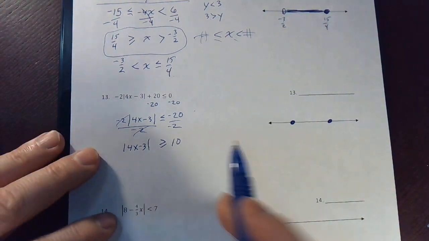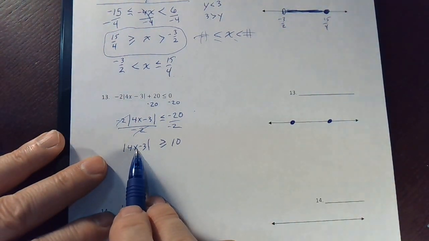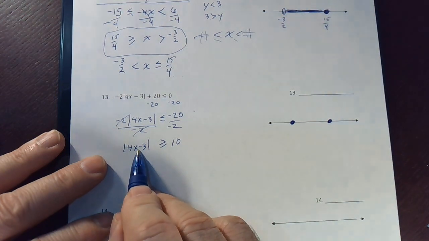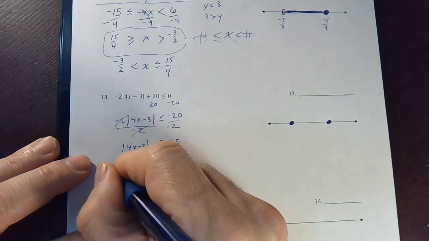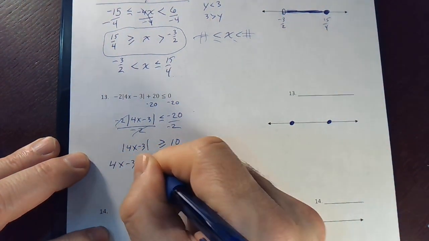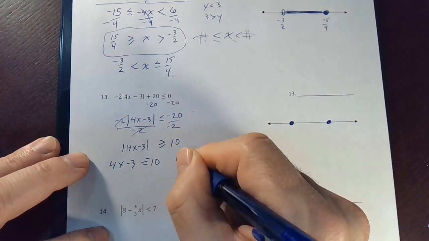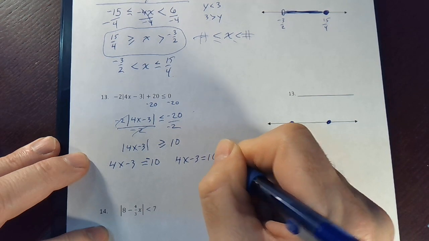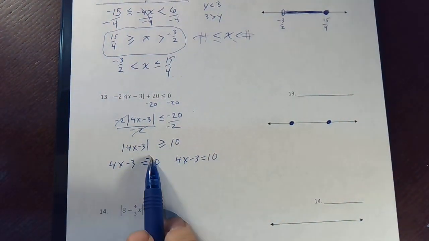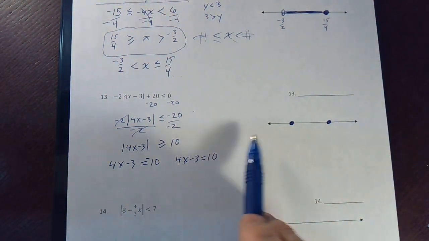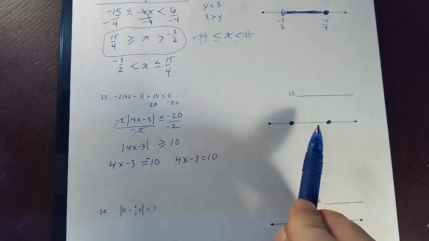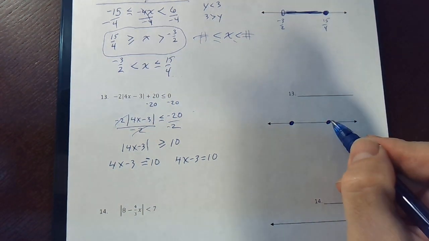I really just need to solve 4x minus 3 without absolute values. 4x minus 3 equals 10. I'll do negative first. And 4x minus 3 equals 10. That's all we have to do. And this will give us the 2 numbers that we'll write here, and we'll write here, and we're going to shade outwards.